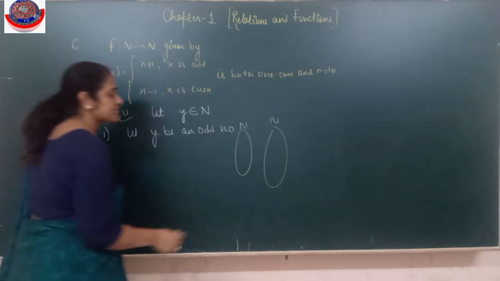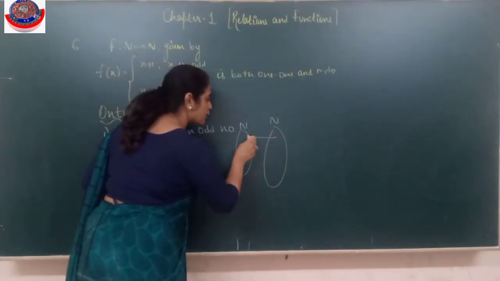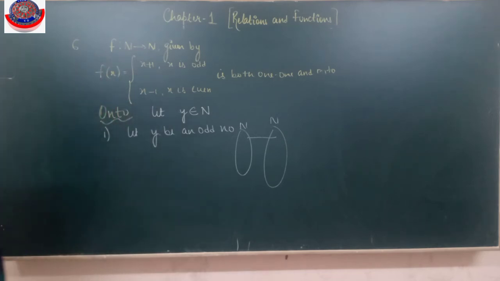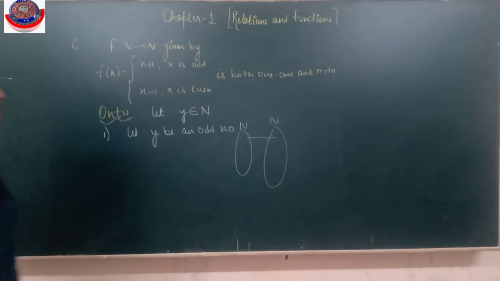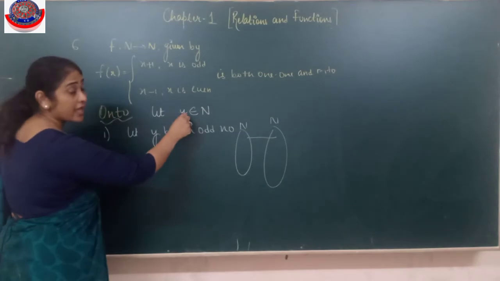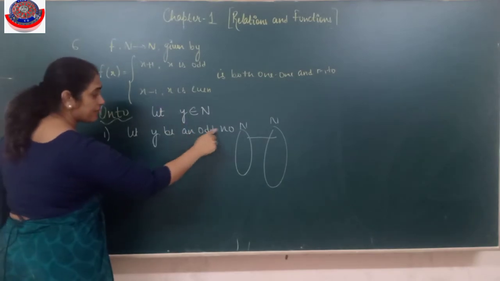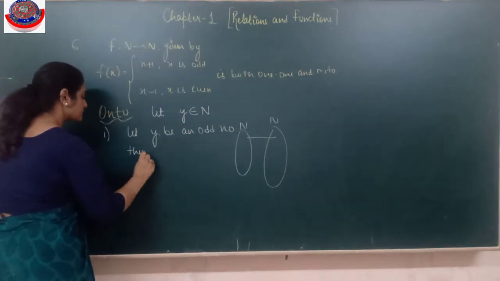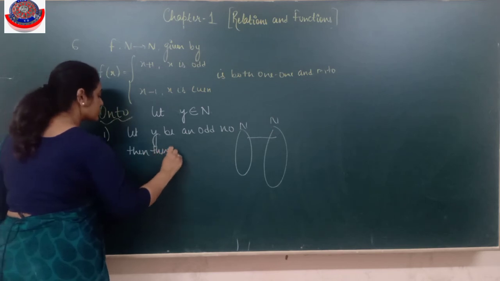For an odd number of the second set, which element will exist here? An even number. If x is odd, then there exists an even number x plus 1 belonging to N. Is it clear?